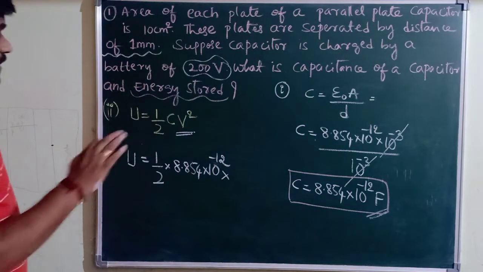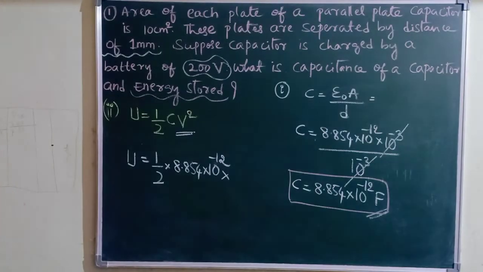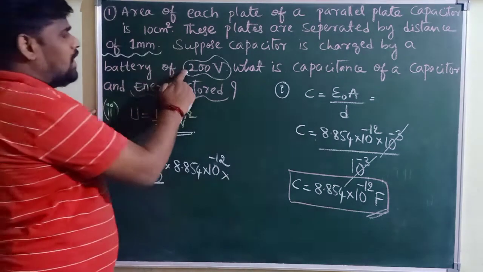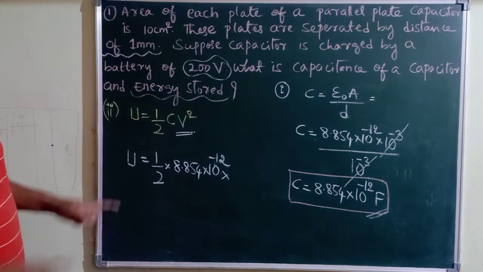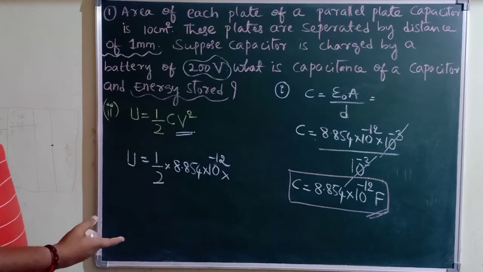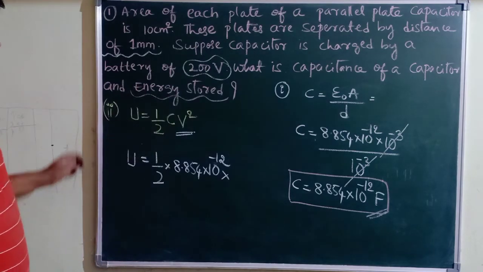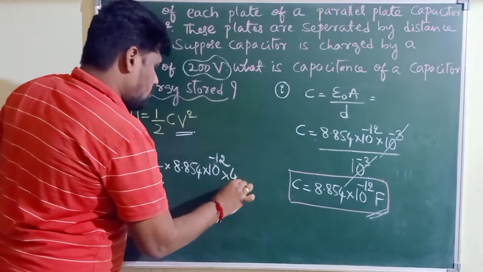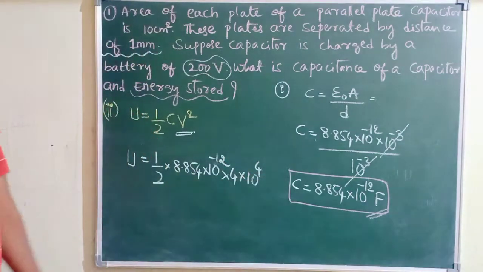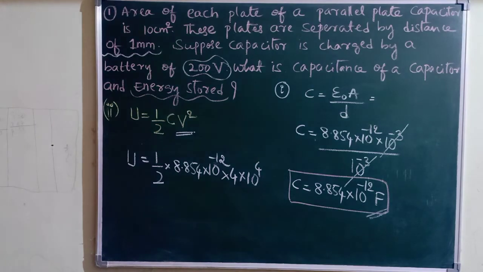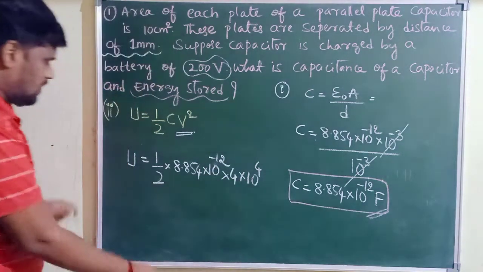So V square is 200 square. 200 can be written as 2 into 10 power 2. Its square is 4 into 10 power 4. So you can simplify now.